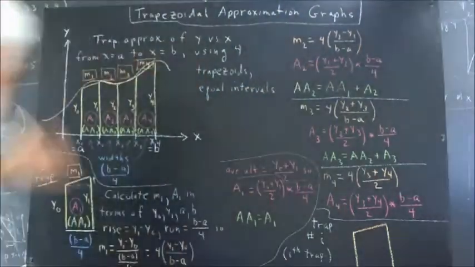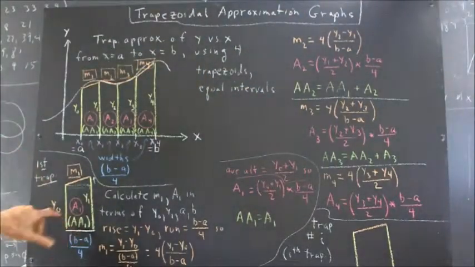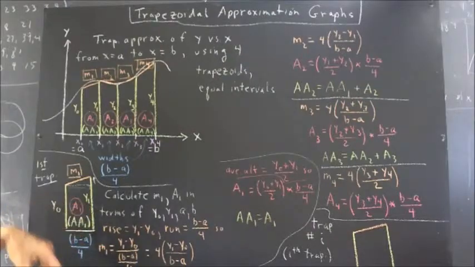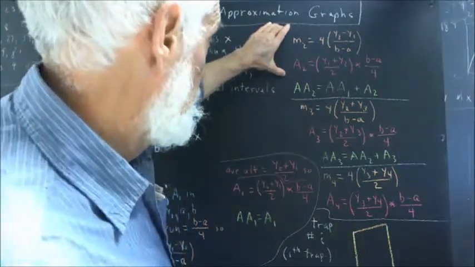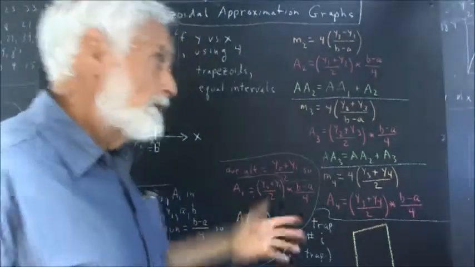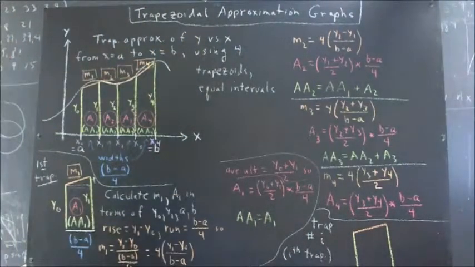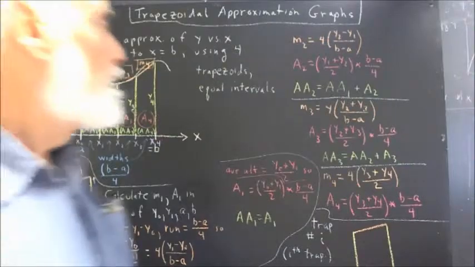Now we could sketch another trapezoid and label it with y1 and y2 here, but we would get the same thing, and that should be something you can understand easily. If not, we discuss it more thoroughly in the full video.